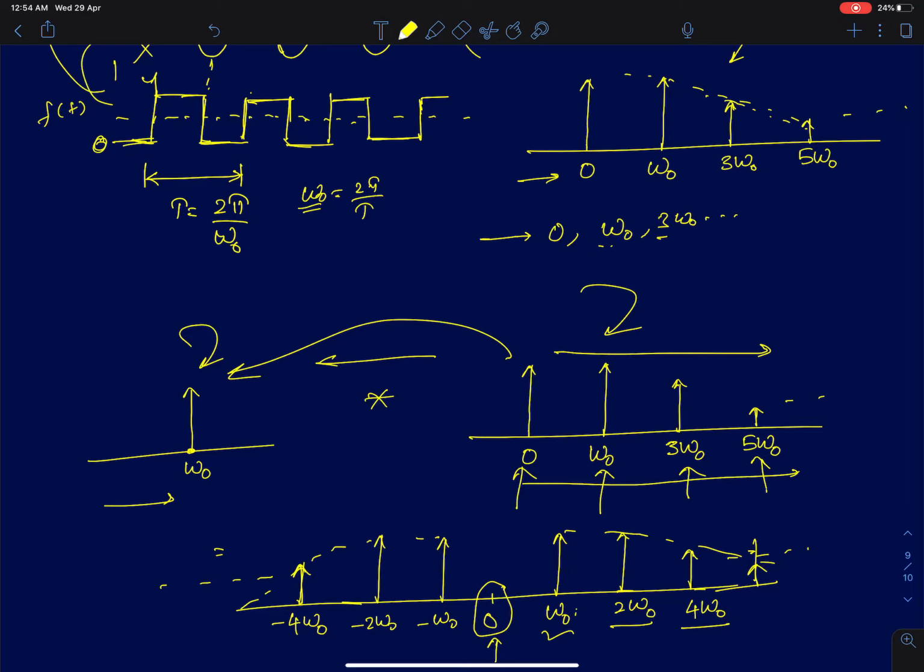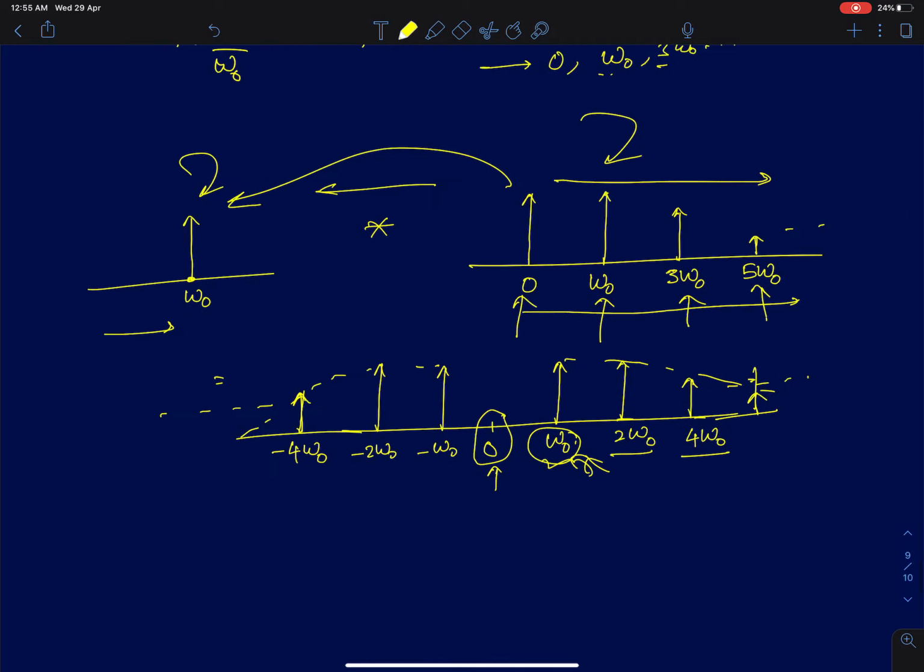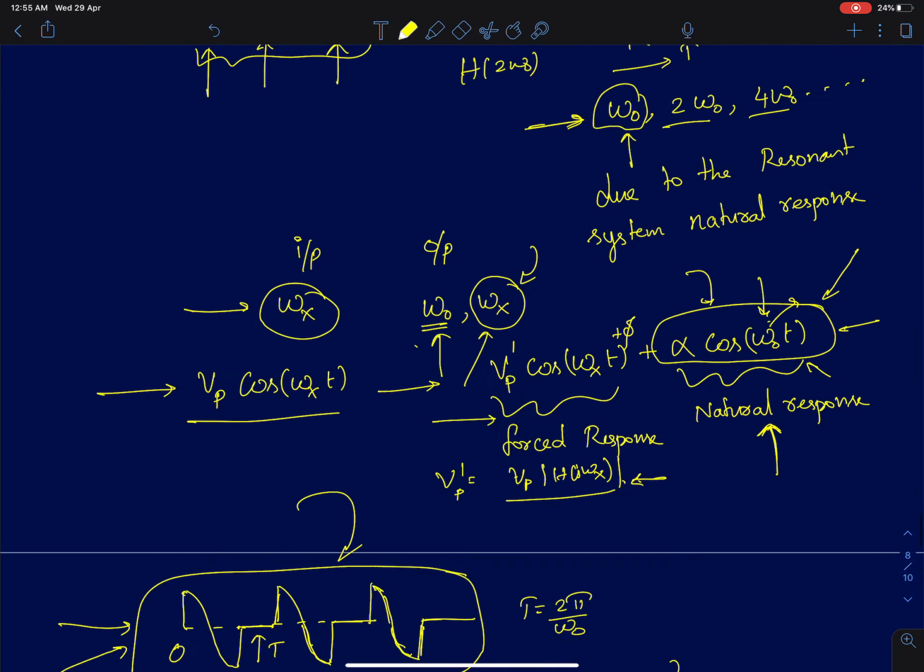And you have energy at omega naught as well, in addition to 2, 4 and all that. The input signal, if you see, contains energy only at 0, 2, 4 and so on. But this signal actually has energy at omega naught as well. Okay, so I have just given a simple intuitive proof for this result.